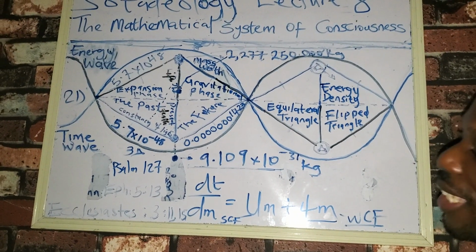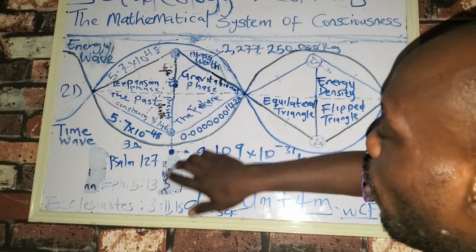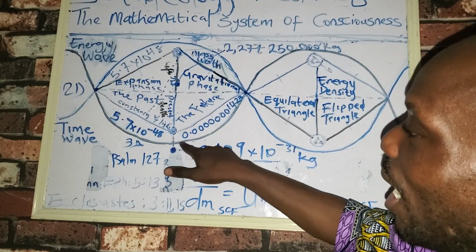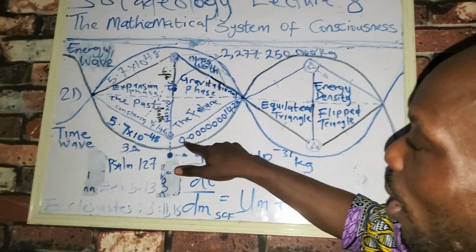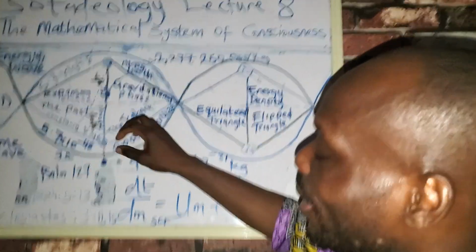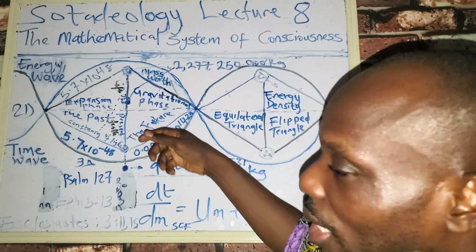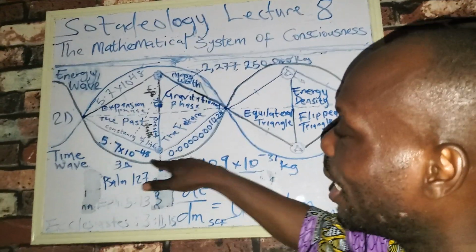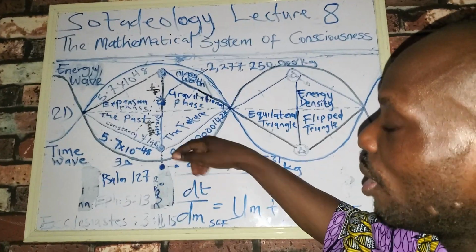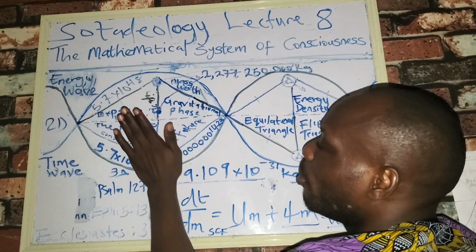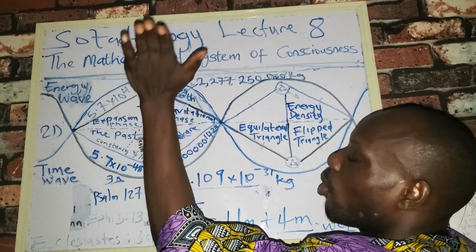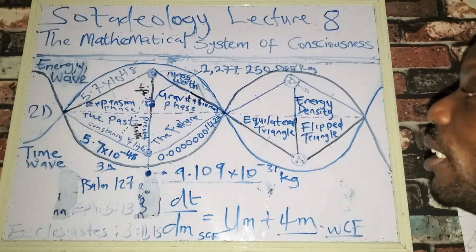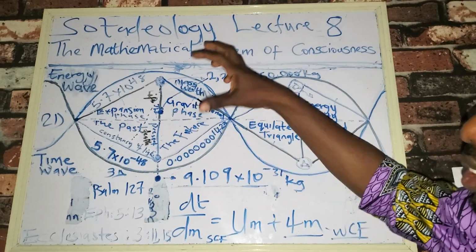Please take note of that region, because the moment we have a standing wave at the point where the compacted equilateral triangles' momentum intersects this energy wave, the standing wave that we're going to have will be projected upwardly like this, and based on that would give us a 3D effect.